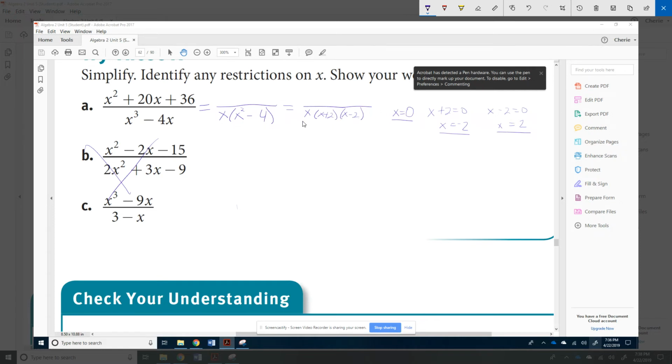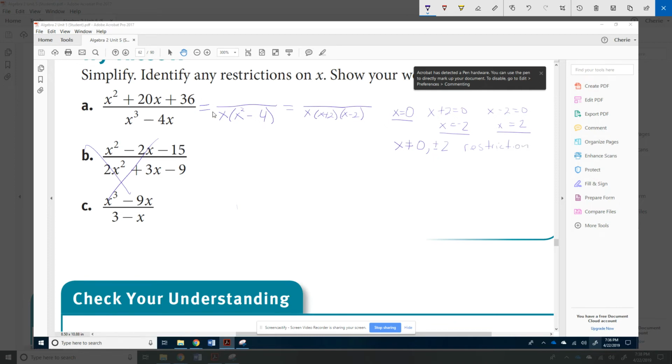So those are the restrictions. In a later lesson, you'll find out that these turn into asymptotes. But right now, all you got to do is tell me that x values can't be 0 plus or minus 2. These are the restrictions. Okay, so you've got that taken care of.